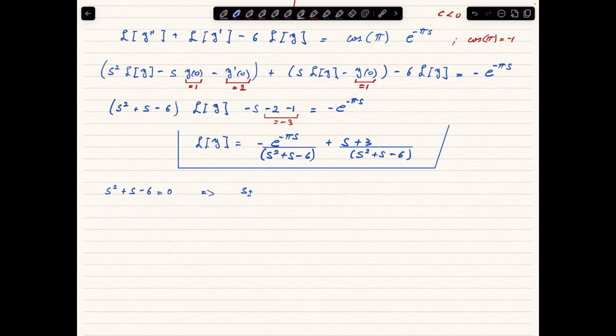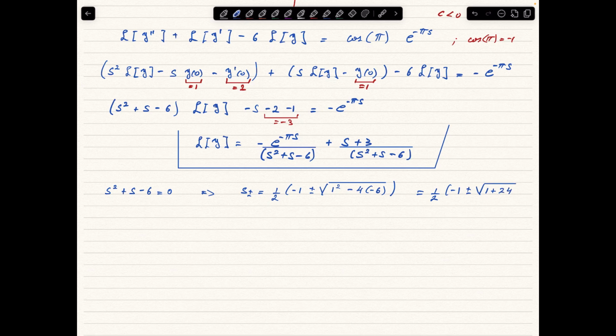s plus minus is going to be equal 1/2 then we have a negative 1, plus or minus the square root of the coefficient of the linear term 1 squared minus 4 times 6, but it's minus 6. So something like this, and this is 1/2 minus 1 plus minus the square root of 1 plus 24.